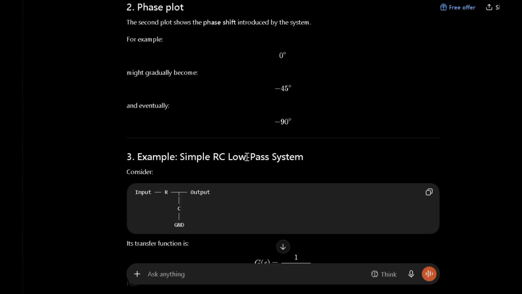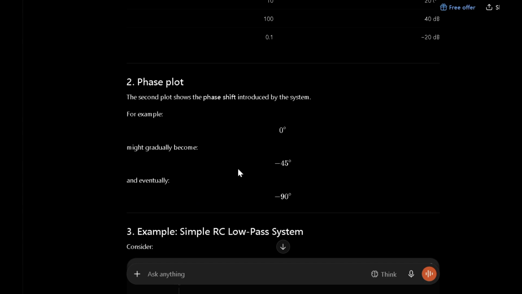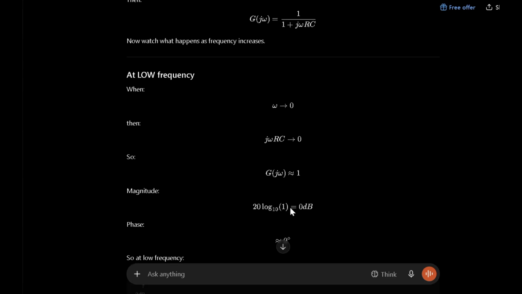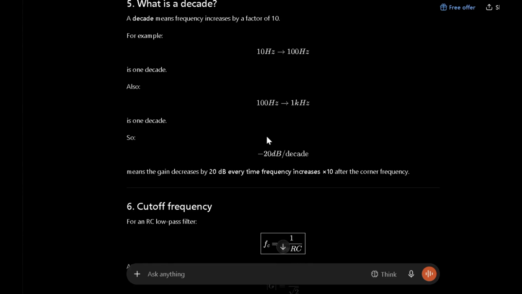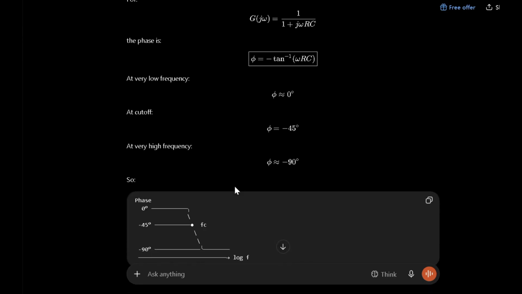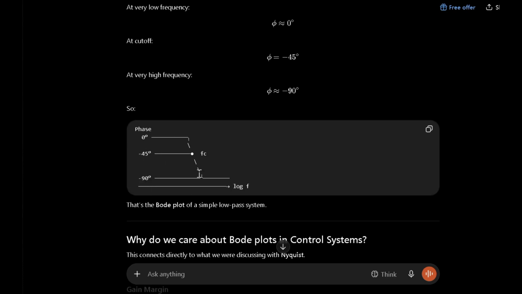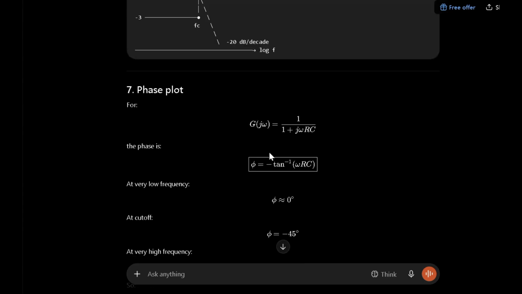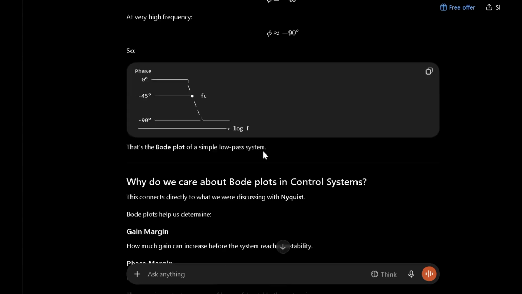So here it goes 0, minus 45, minus 90, as the magnitude is decreasing at 20 dB per decade.